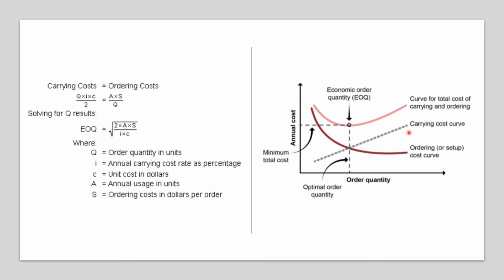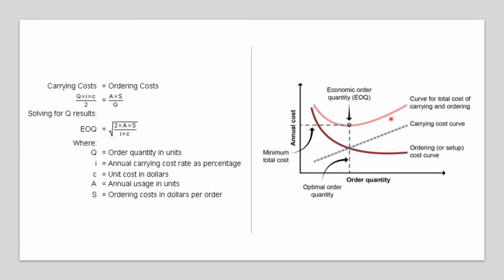Now, I hope the carrying cost and ordering cost are both clear to you now. If you just make a simple observation, these graphs do intersect somewhere, and this intersection point is nothing but the EOQ, economic order quantity. The third graph that you see here is nothing but the summation of carrying cost and ordering cost, right? So if you sum this point and this point, you'd get this point, just like that.